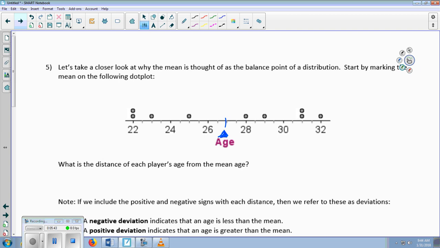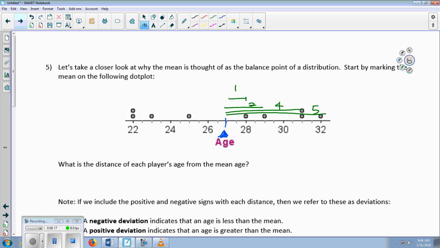This player here is a distance of 1 away, and this player here is a distance of 2 away. Then we have 2 players who are a distance of 4 away. And finally, our last one over here, I need a longer line, is a distance of 5 away. Those players all have ages that are greater than the mean.